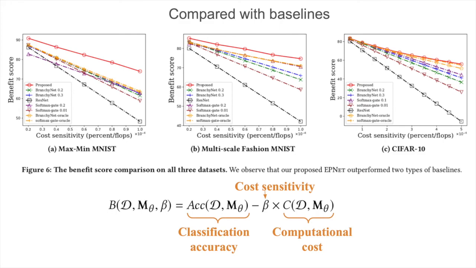We can see EPNet always outperforms the baselines, especially on the variant of MNIST and Fashion MNIST. The reason may be that the samples in the 2 datasets have clearly different levels of difficulty in terms of classification.